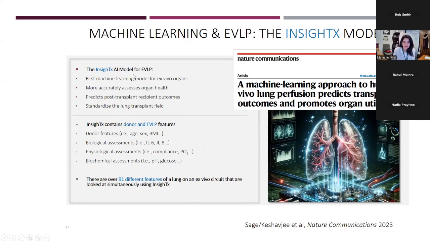So this was a gradient boosting model to integrate different features, donor, biological, physiological, and biochemical assessments, to then predict the outcomes of transplant. They considered 91 different features, and it performs very well to predict the outcomes of organ health as a result of EVLP treatment.